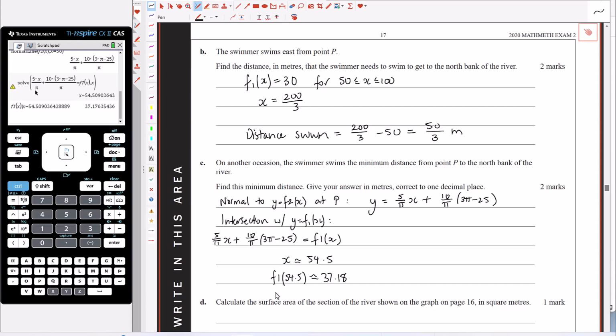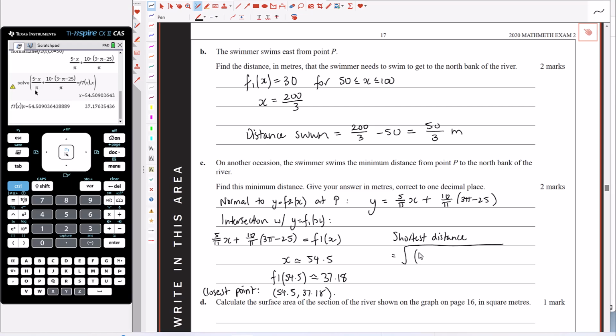Okay, so the coordinates of the closest point on the other side of the river are this. So this is the closest point. Okay, so the shortest distance is going to be the distance between those 2 points.